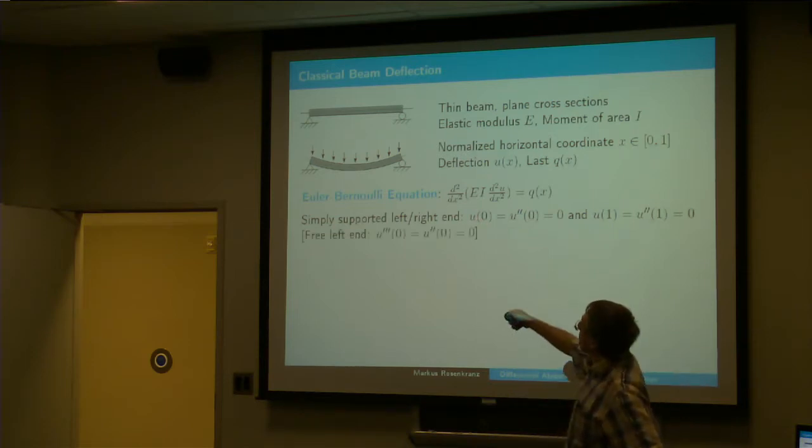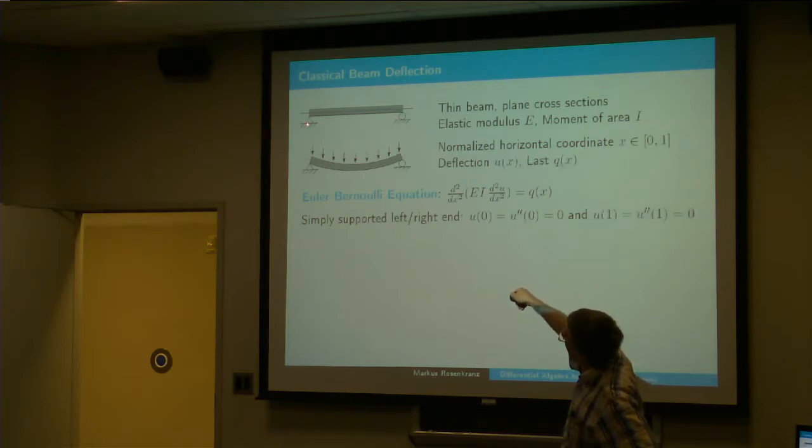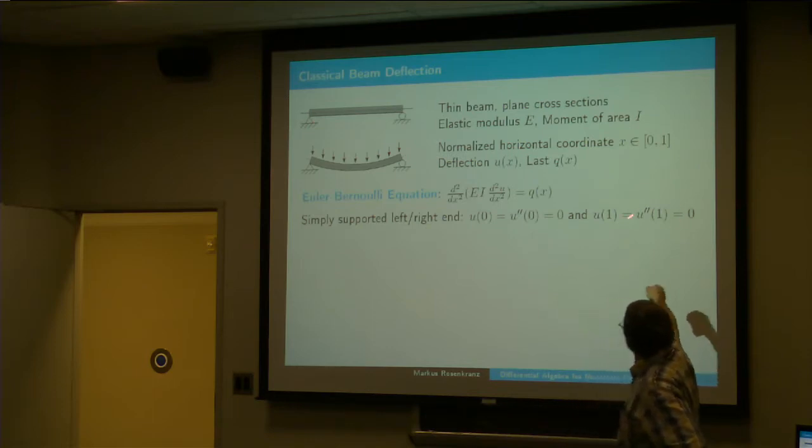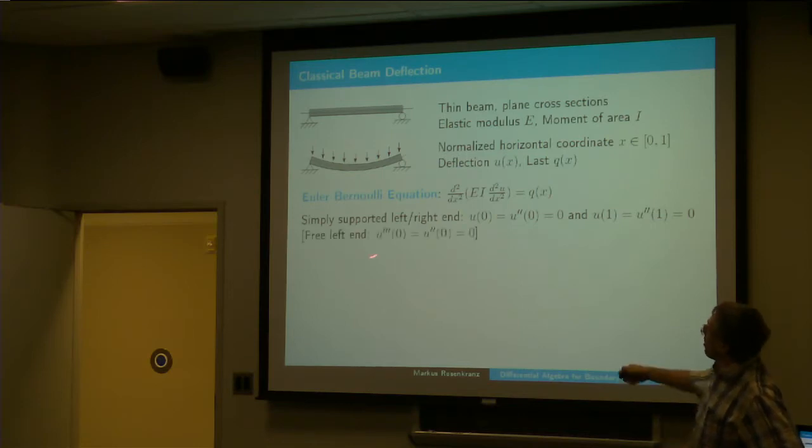Okay? On the left-hand point, and if you have the same kind of angle, the wedge support here, then you have the same kind of boundary conditions on the point x equals 1. Okay?